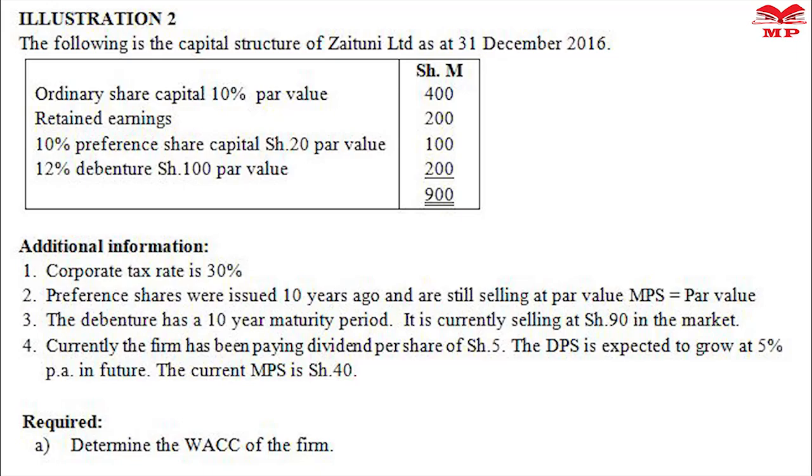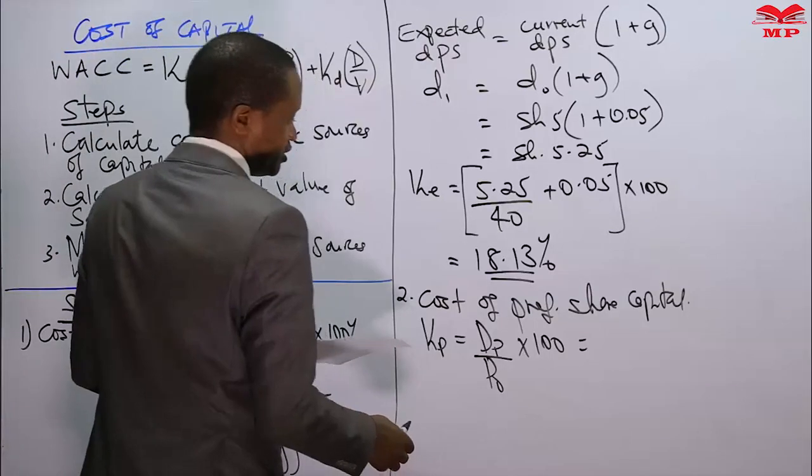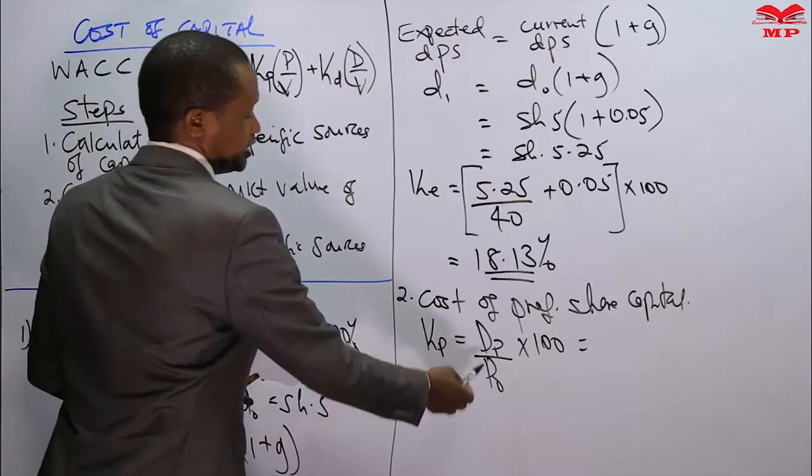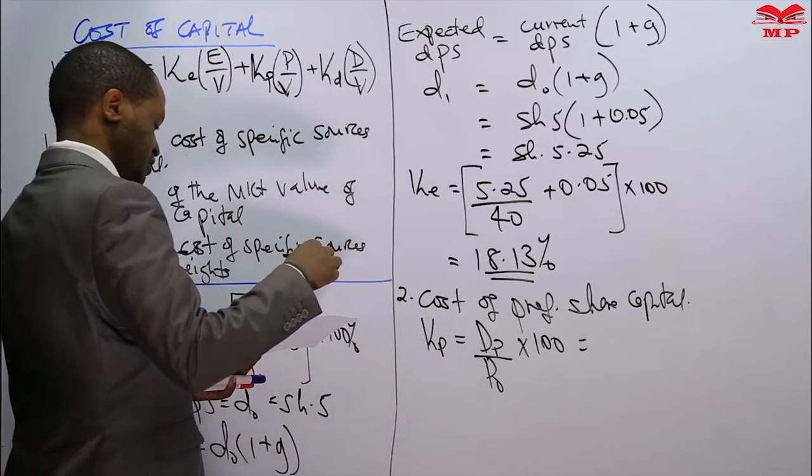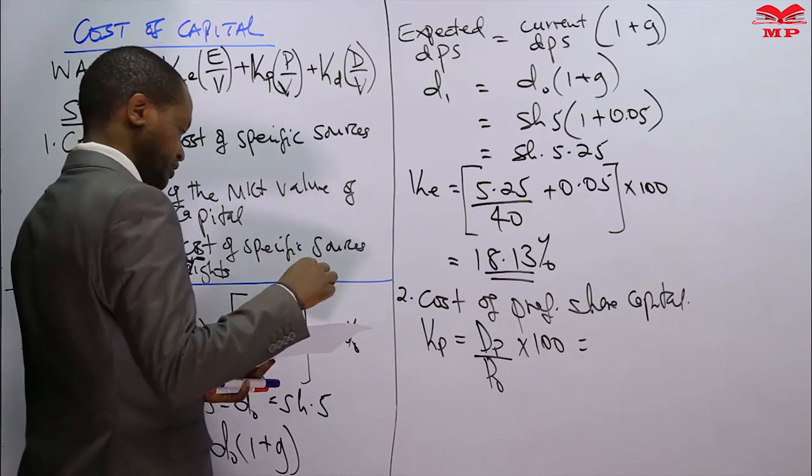So the par value is 20 shillings. And remember, the coupon rate or the rate, the dividend rate here is from the question 10%.